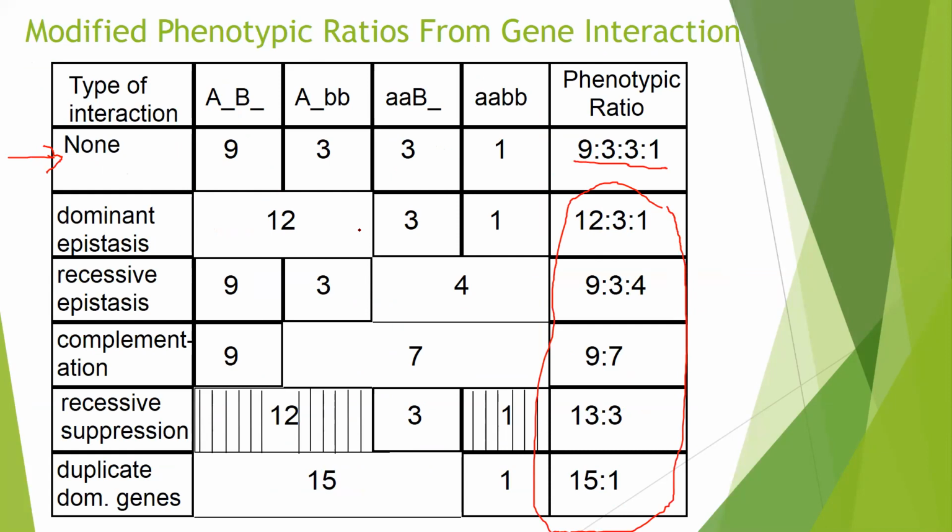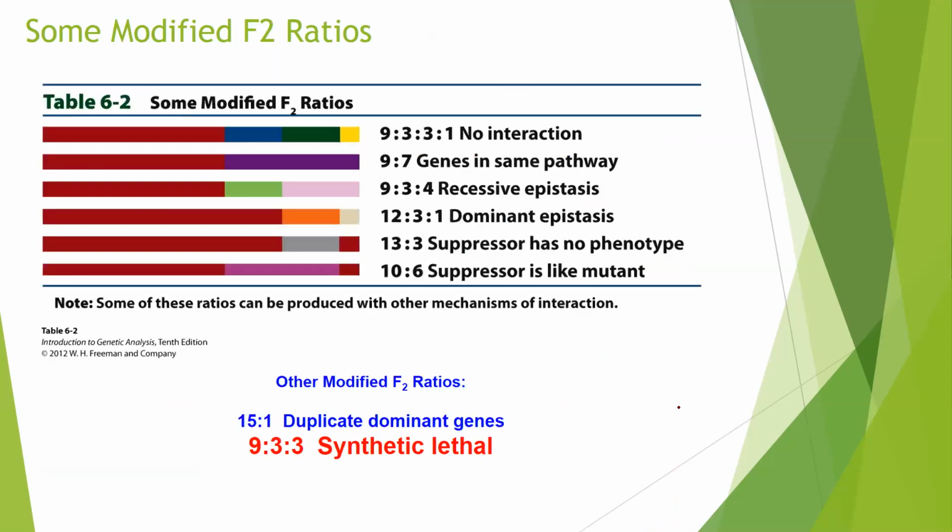It's very important for each of us to understand these ratios and how they are formed from different situations. So we have covered different types of relationship between the two genes, right? I hope this helps.